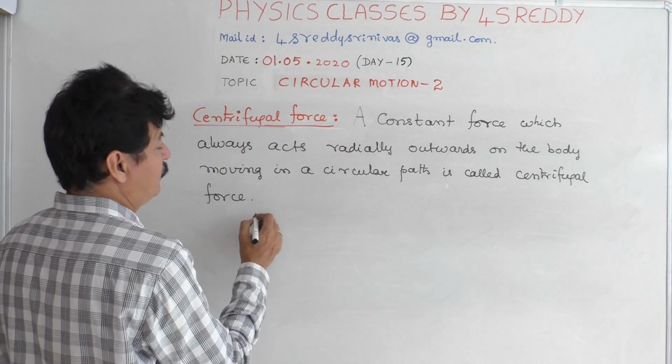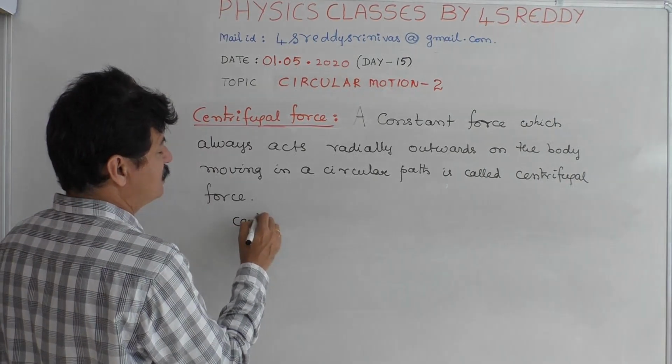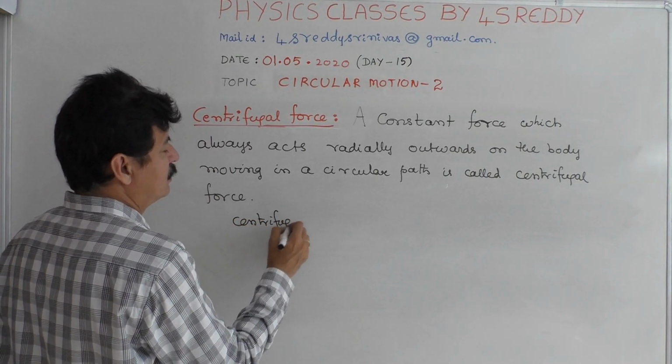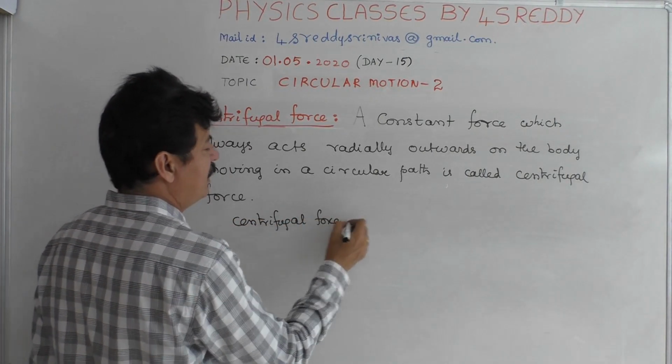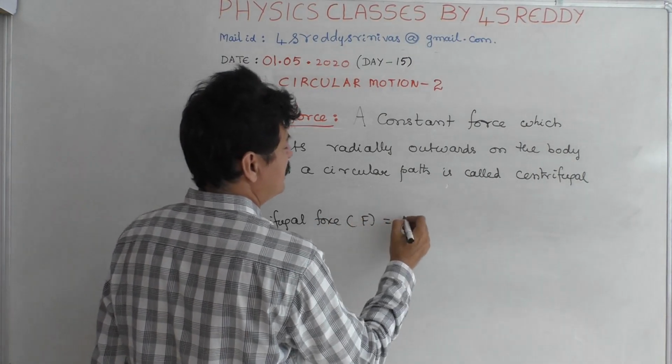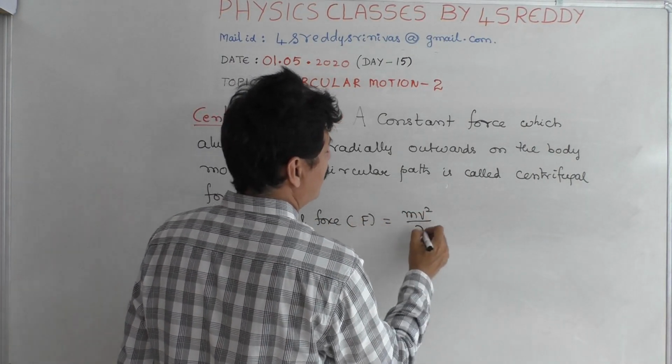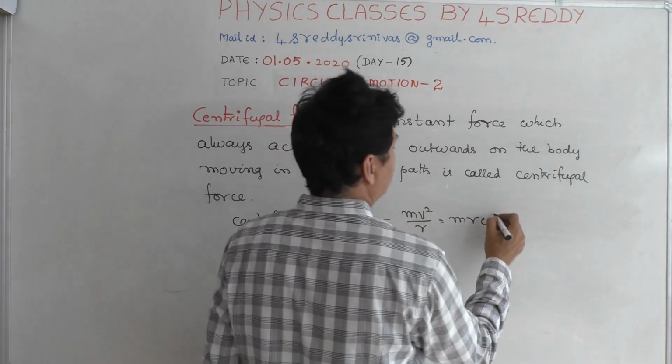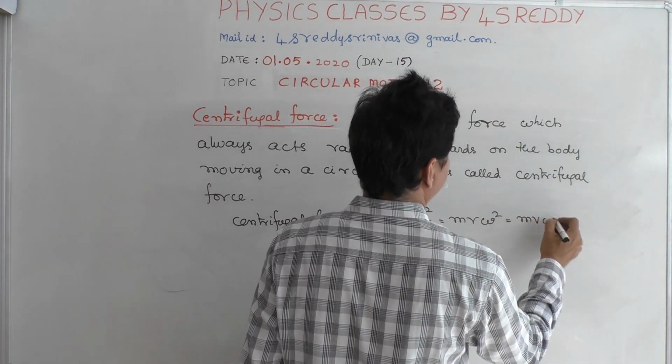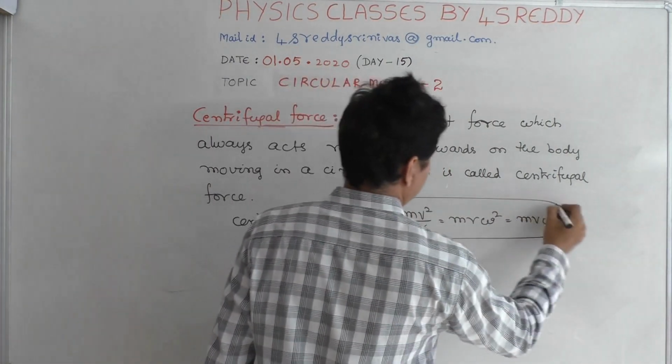The centrifugal force is also given by mv squared by r, or m r omega squared, or m v omega.